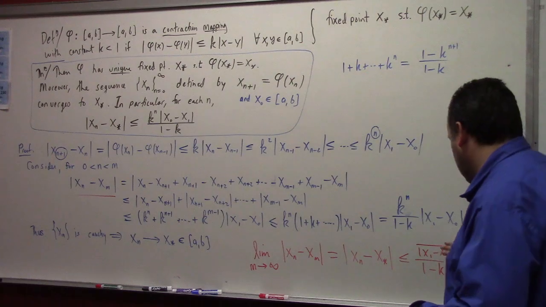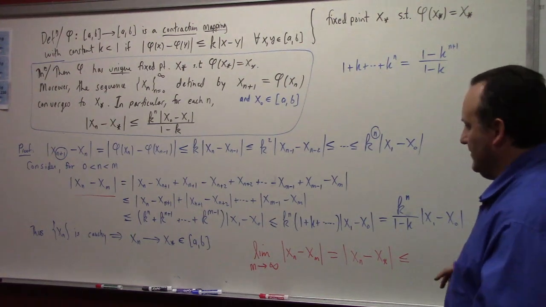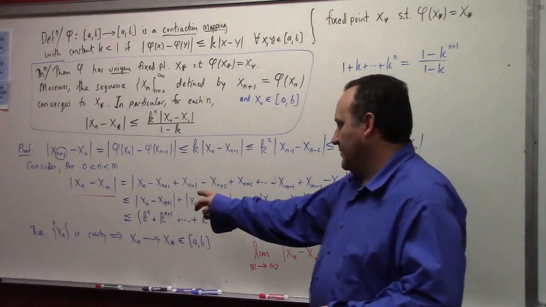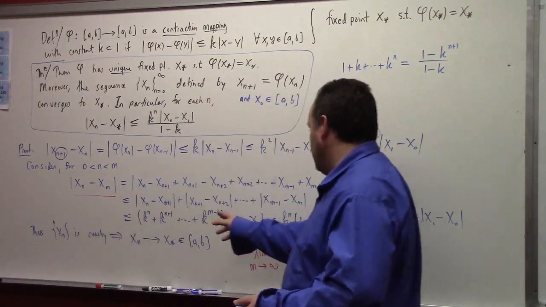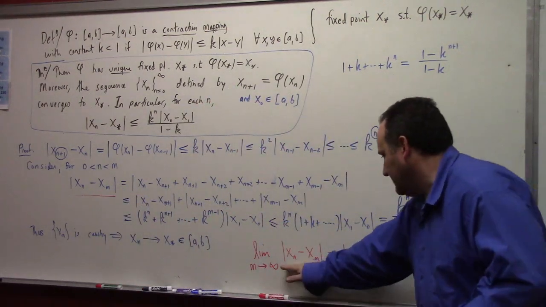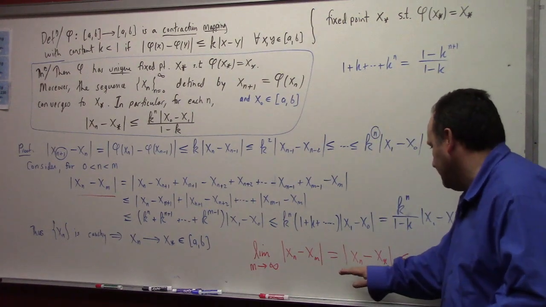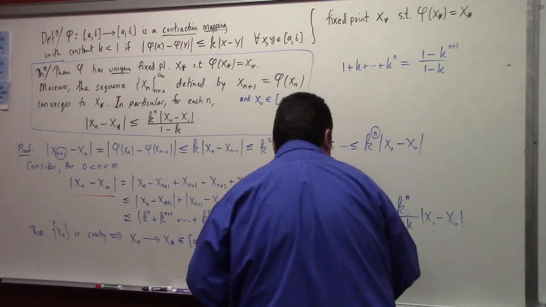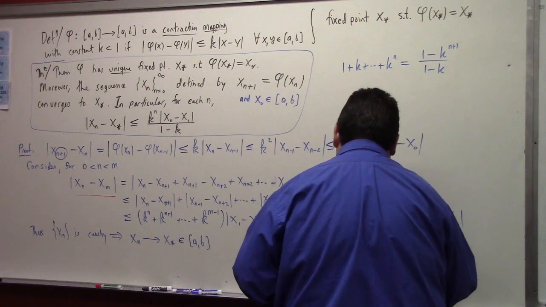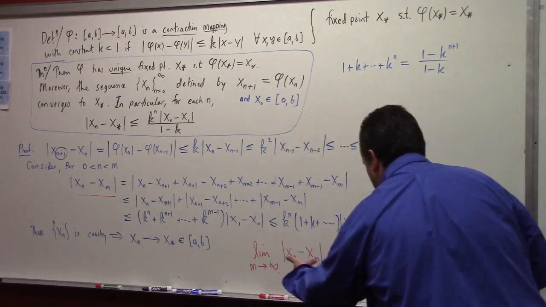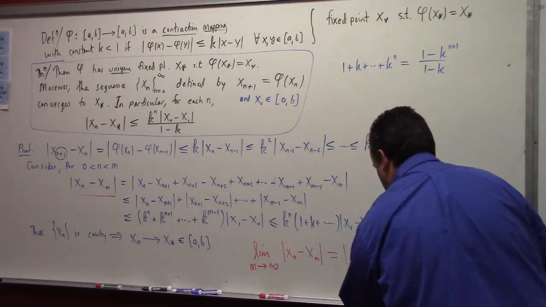So then, as I was saying down here, same argument. Take the limit as m goes to infinity of this. So by passing the limit inside the absolute value, I get that.